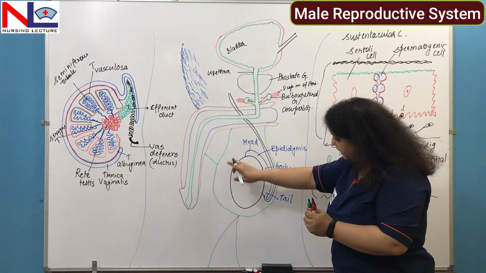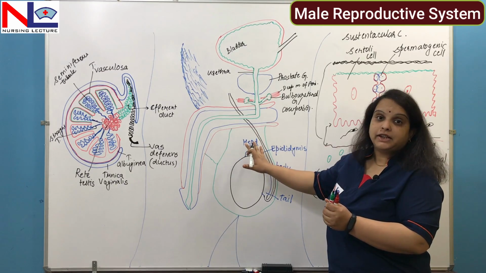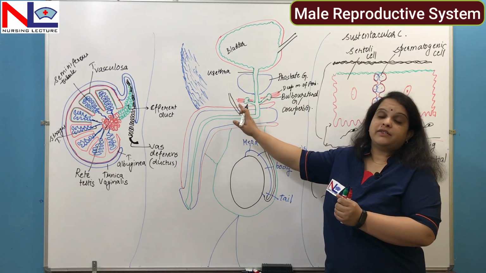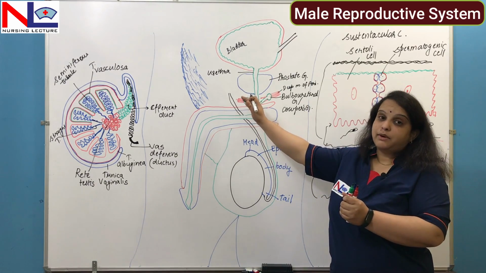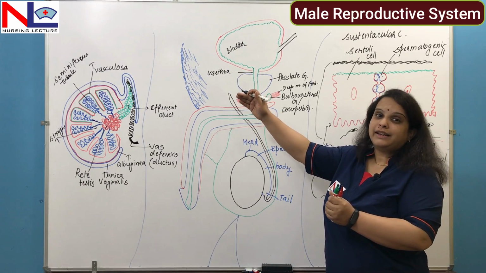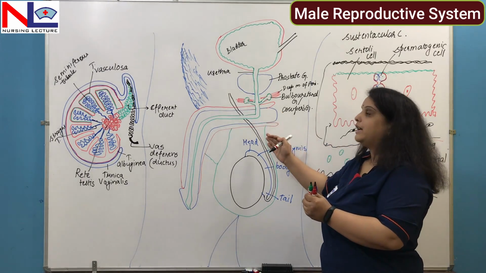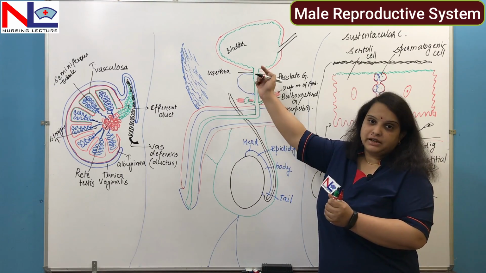You can see this structure lies outside the pelvic cavity, but once the vas deferens ascends, it runs along the spermatic cord. The spermatic cord moves in the inguinal canal, and this canal allows the spermatic cord and associated structures to move into the abdominal cavity.